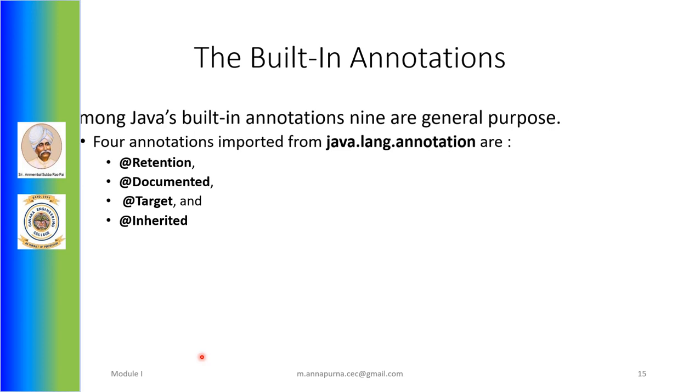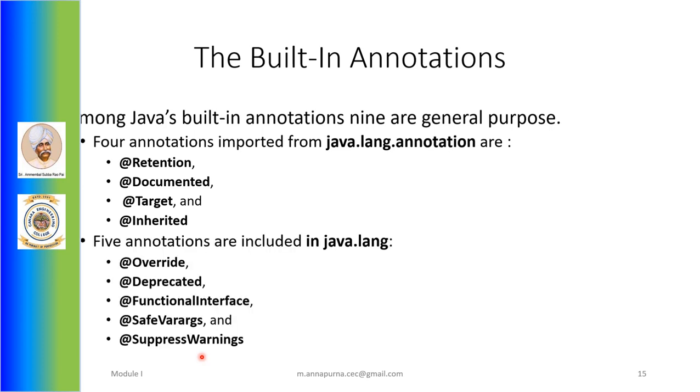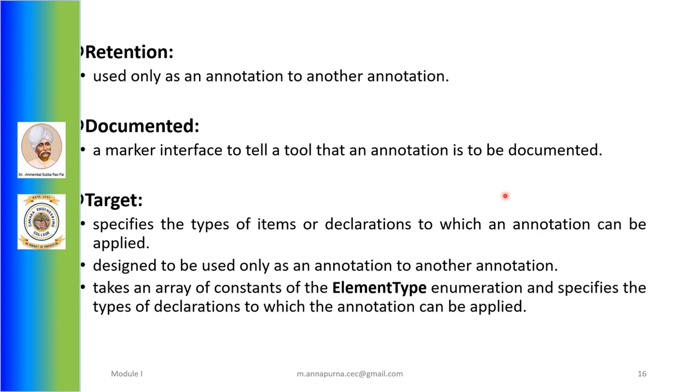They are @Retention, @Documented, @Target, and @Inherited. The remaining 5 general-purpose annotations, @Override, @Deprecated, @FunctionalInterface, @SafeVarargs, and @SuppressWarnings, are included in java.lang. Now let us explore each of them in more detail.